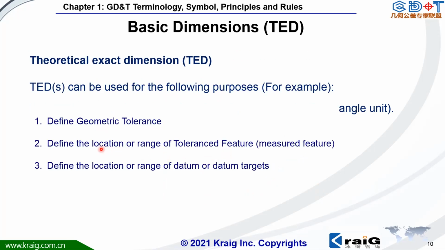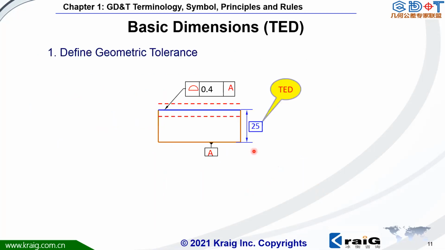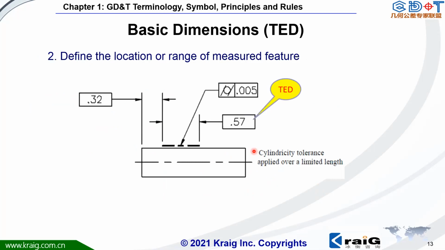Number two, TED can be used to define the location or range of tolerance feature. Here, we have seen there's a cylindricity tolerance. And this cylindricity tolerance is not going to apply to the full length because there's a 0.57 here, the 0.77 here.